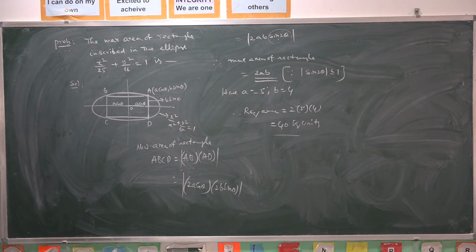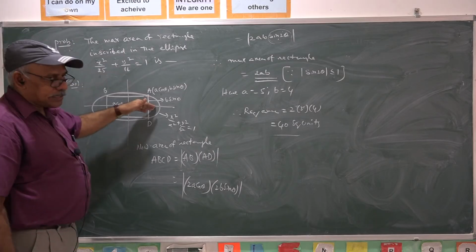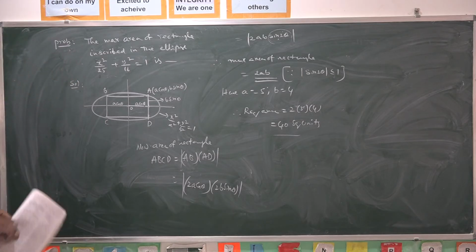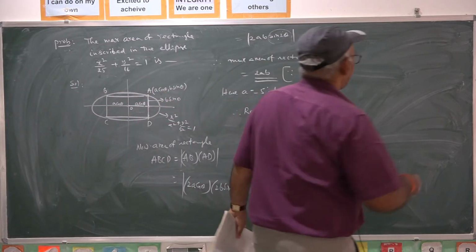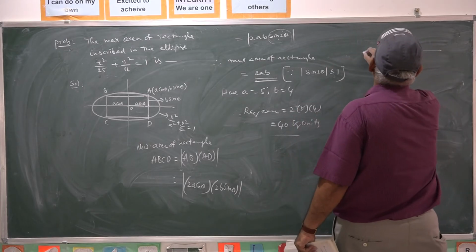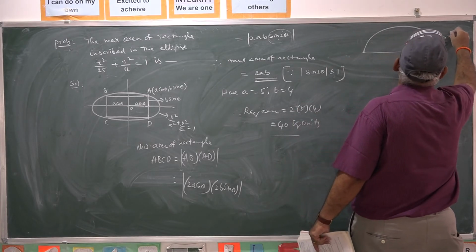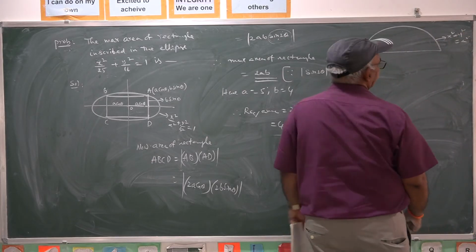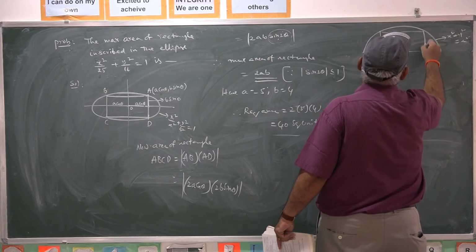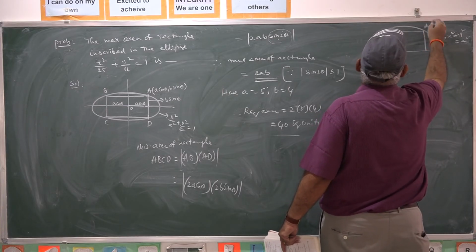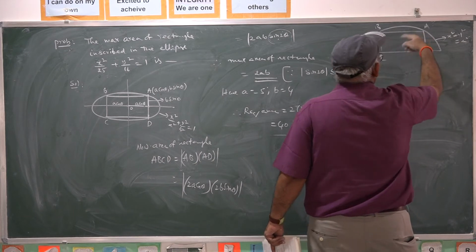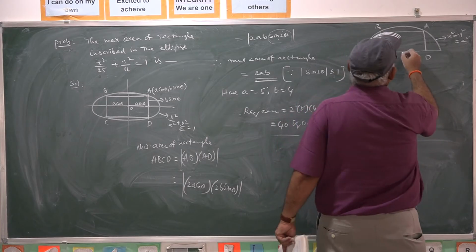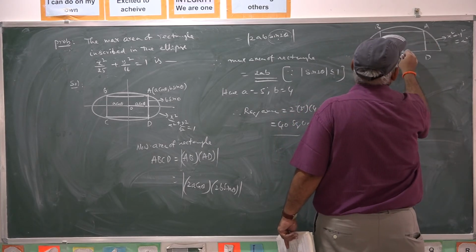Similarly, you can find the maximum area of a rectangle in a semicircle. Suppose a semicircle is considered, the circle equation is x square plus y square equal to a square. A rectangle ABCD is inscribed in the semicircle like this. Find its maximum area. To find this, let us suppose this is the center.